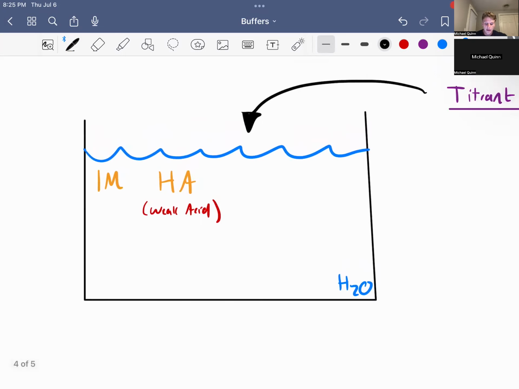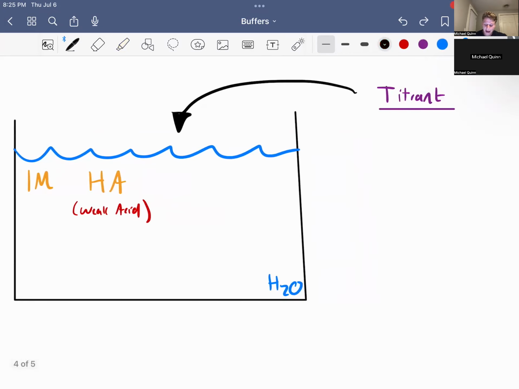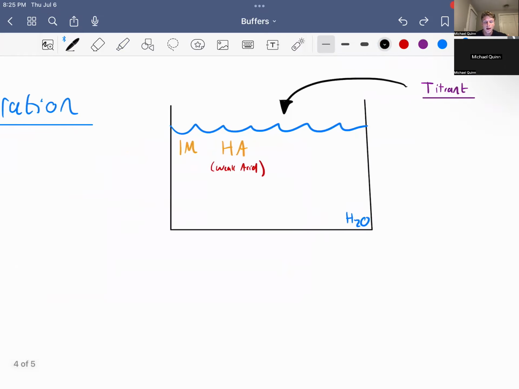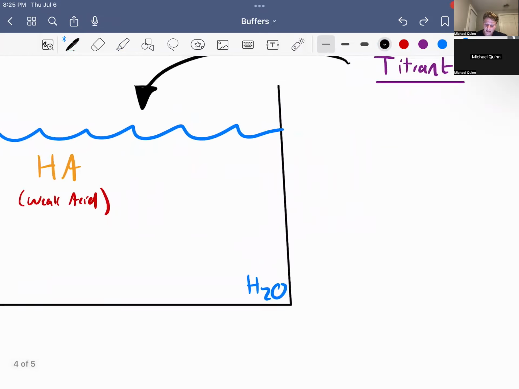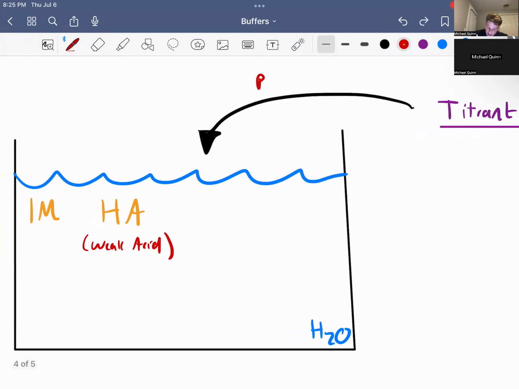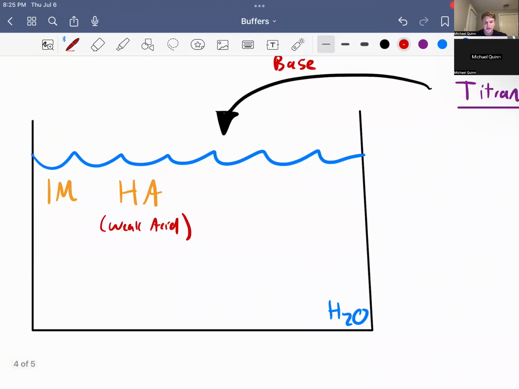So in order to create the conjugate base, we need to remove this hydrogen. So it makes sense that if we were to add a titrant to this beaker, in other words, run a titration, we should add a base to this beaker that can take the hydrogen from HA and make A minus that can create a buffer.